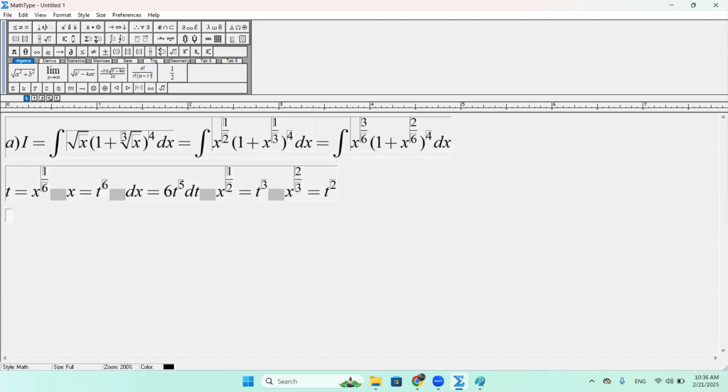Thank you for your attention. So writing down a new fraction: t in power of 3 multiplied by 1 plus t square, and this expression in power of 4, and multiplied by 6 t in power of 5 dt.